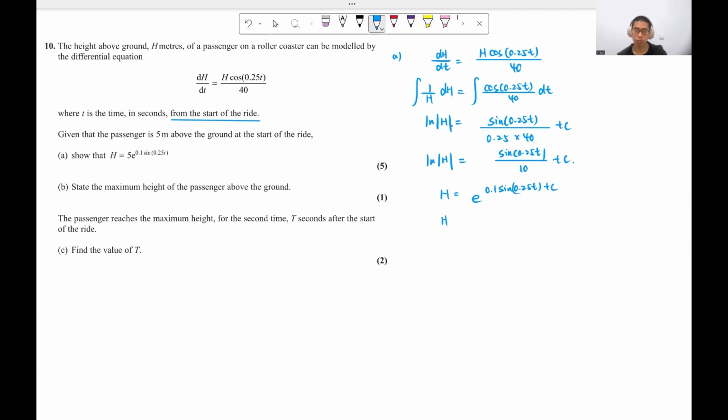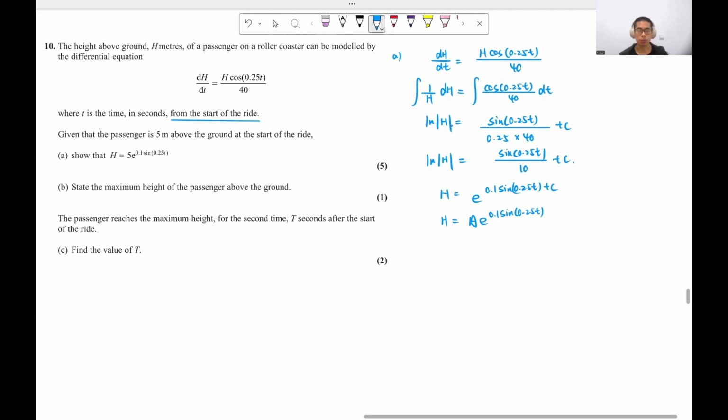Then we can split that into h equals e to the power of 0.1 sin(0.25t) times e to the power of c, which is another constant. Normally we just use a capital A to represent e to the power of c.